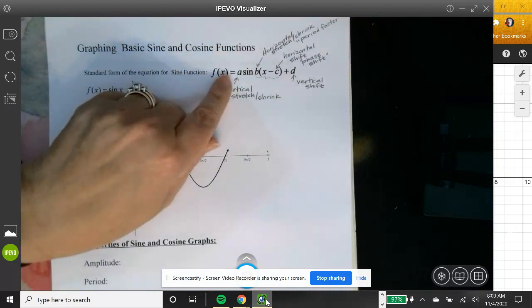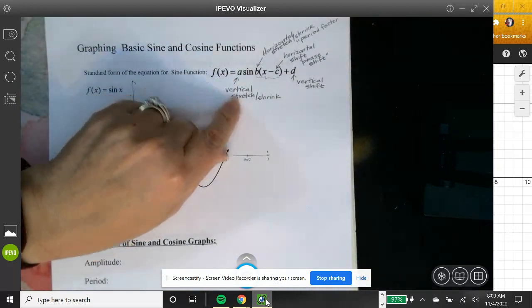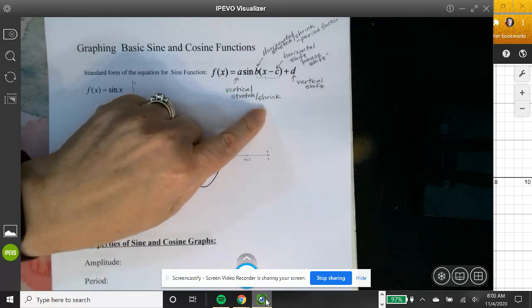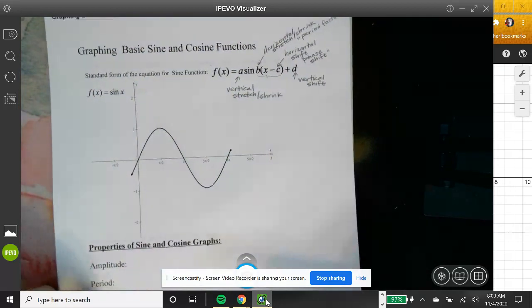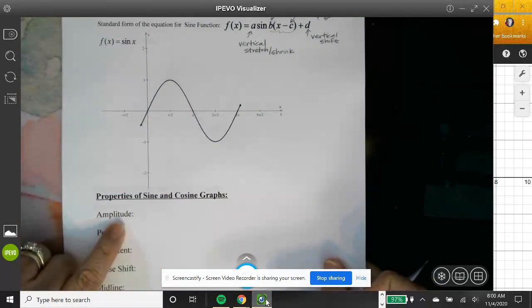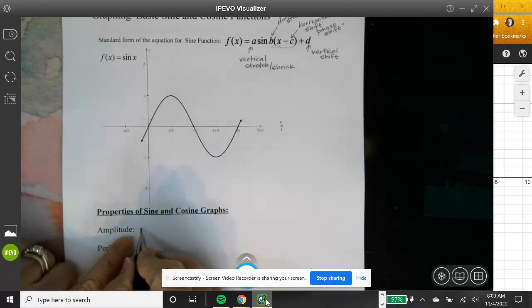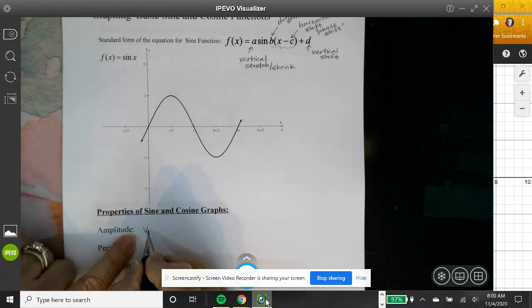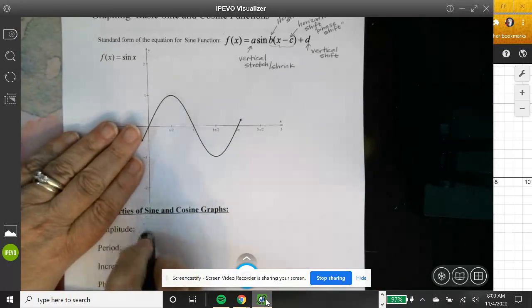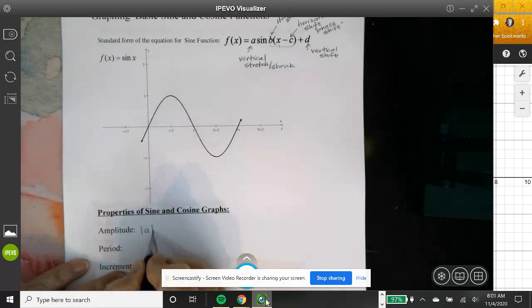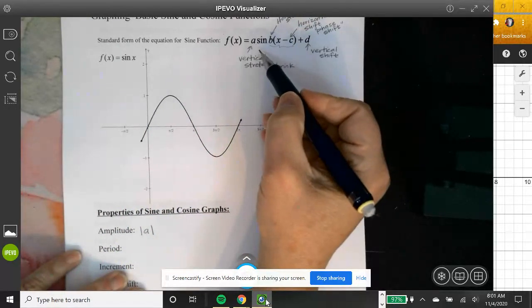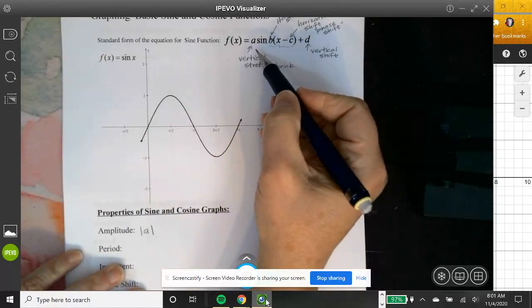So we have some definitions here. For the vertical stretch or shrink, we call that the amplitude. The amplitude is the absolute value of a, because this could be a negative or a positive number, just like a on a quadratic could be positive or negative.